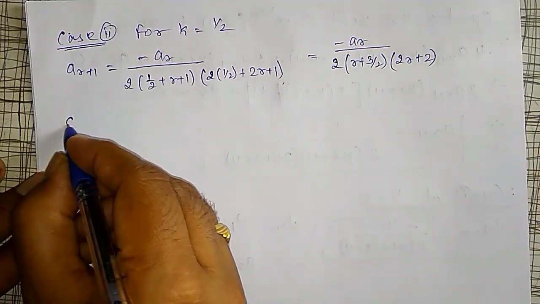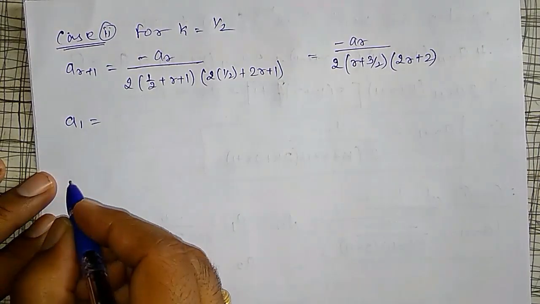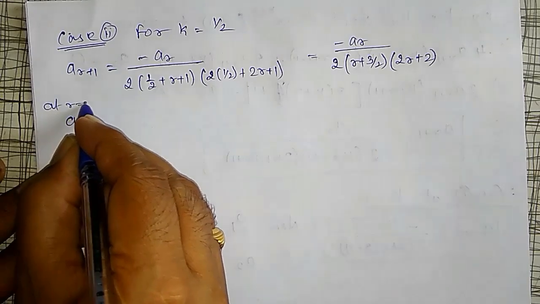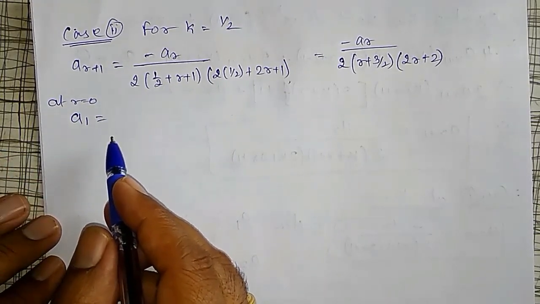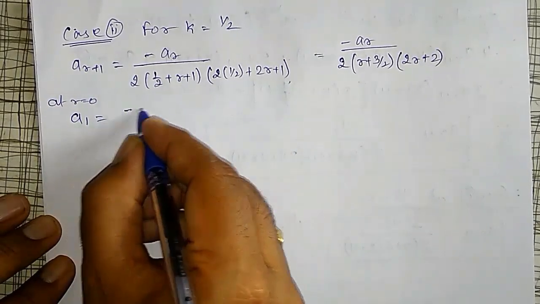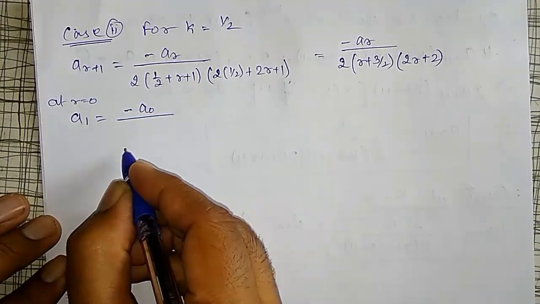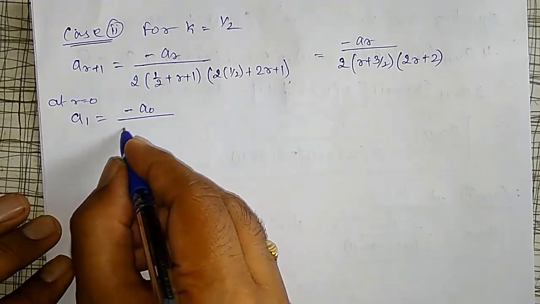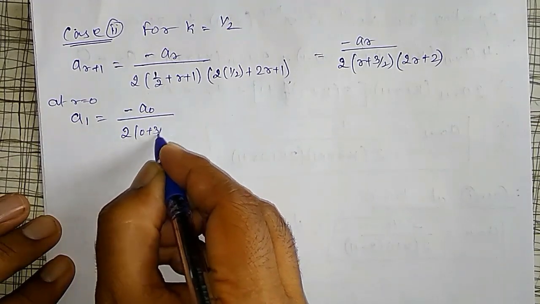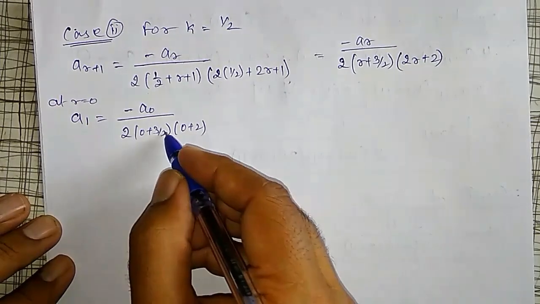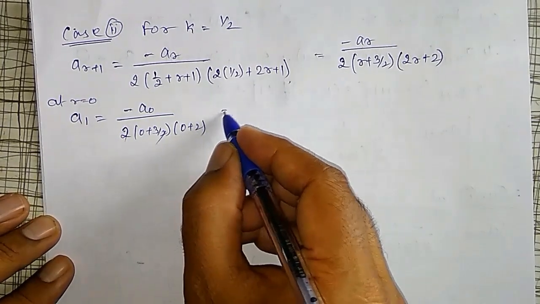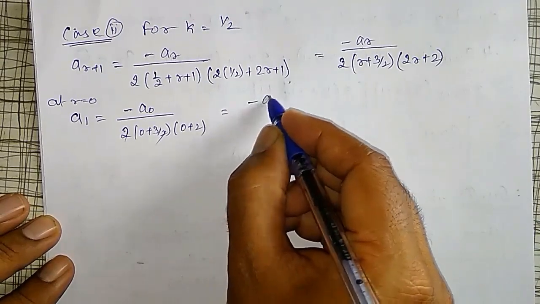Therefore a1 first, at r equal to 0, a1 I will calculate. a1 is equal to minus a naught divided by, substituting r equal to 0 in this, 2 into 0 plus 3 by 2, 0 plus 2. One of the 2 cancels, which is equal to minus a naught divided by 6.